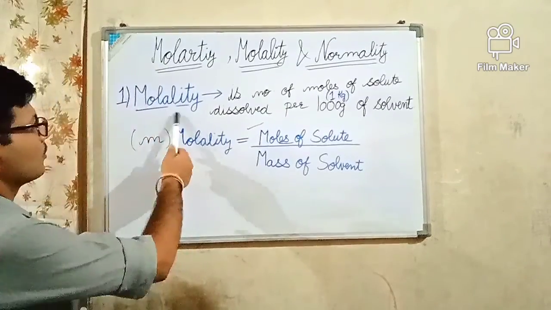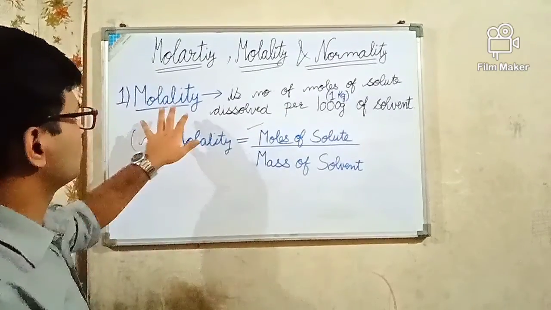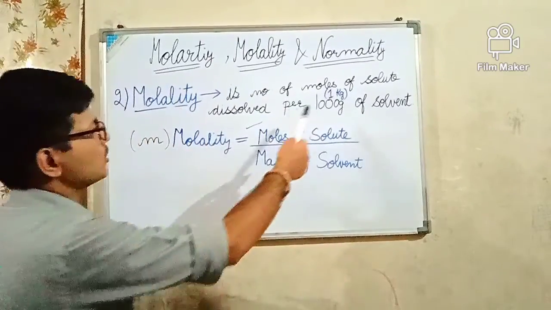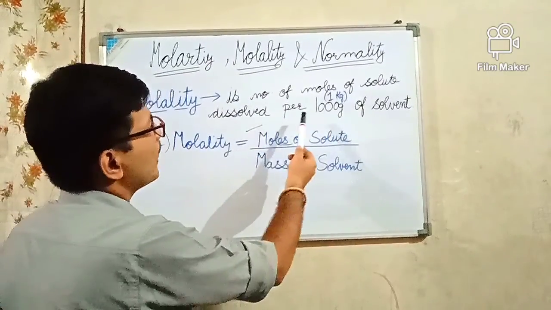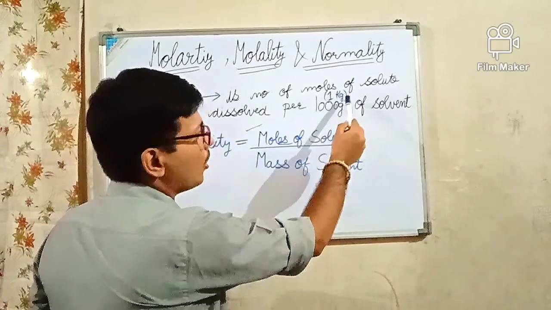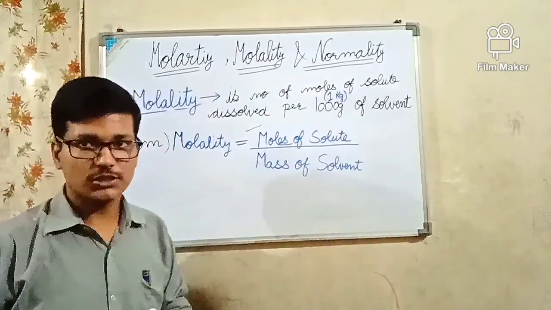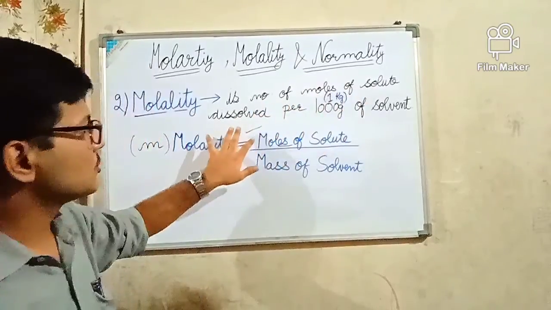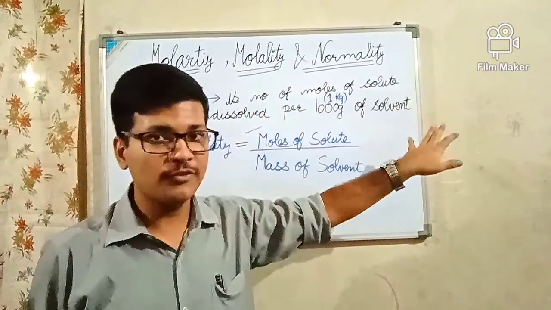Now we will learn to express the concentration in terms of molality. Molality is the number of moles of solute dissolved per 1000 gram or 1 kg of the solvent. See again, number of moles of solute dissolved per 1000 gram of solvent.